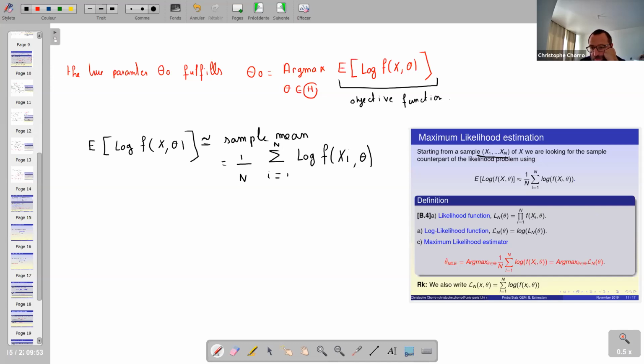If I am in the discrete case, it's equal to the product of the probability mass function. So let's write it this way. In the continuous case you have the density, and in the discrete case you have the probability that X is equal to xi, theta.